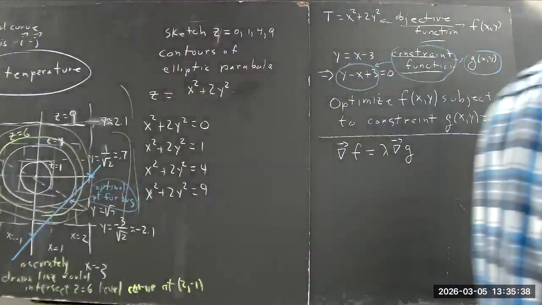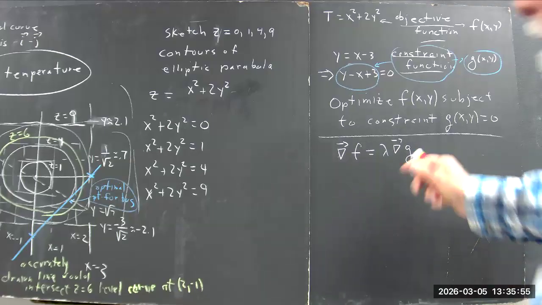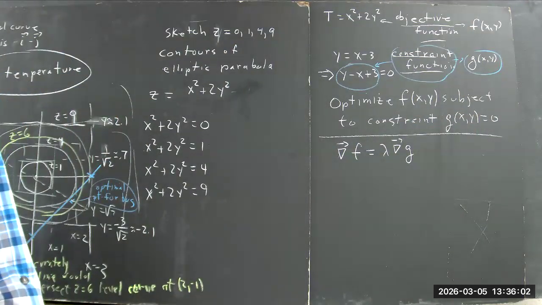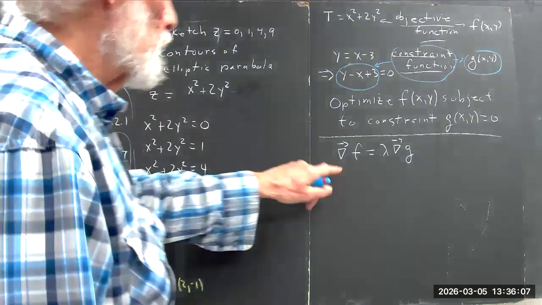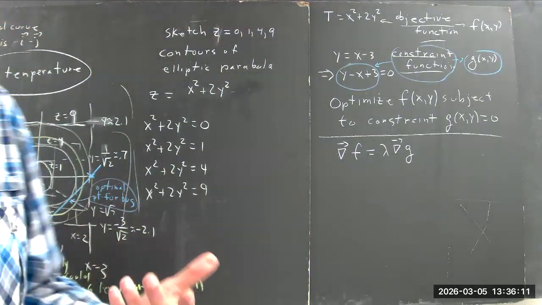We can summarize this by saying the gradient of f is equal to the gradient of g. It is a multiple of the gradient of g. Just making sure my notation's consistent with the textbook, okay? It is so far. Okay, gradient of f equals lambda times the gradient of g. That's exactly what we've done, isn't it?